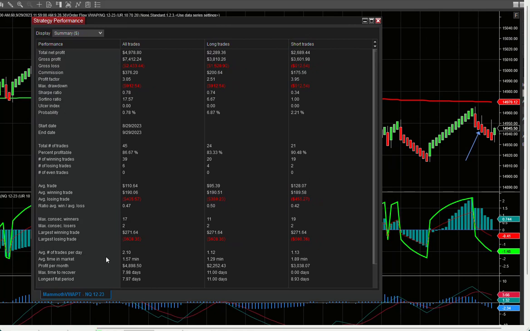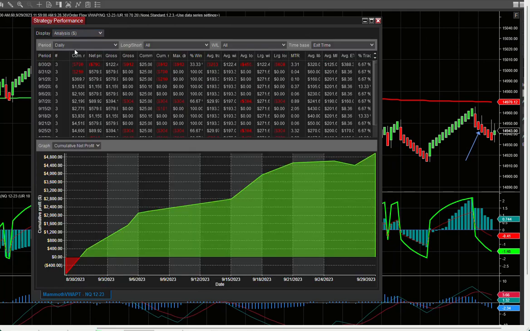And average number of trades per day is 2.1. And remember, this is the December contract for NQ. August might have the volume a little bit low, but you can pretty much tell by, let's say, average long and short, 24, 21, pretty average. And let's look at the analysis.